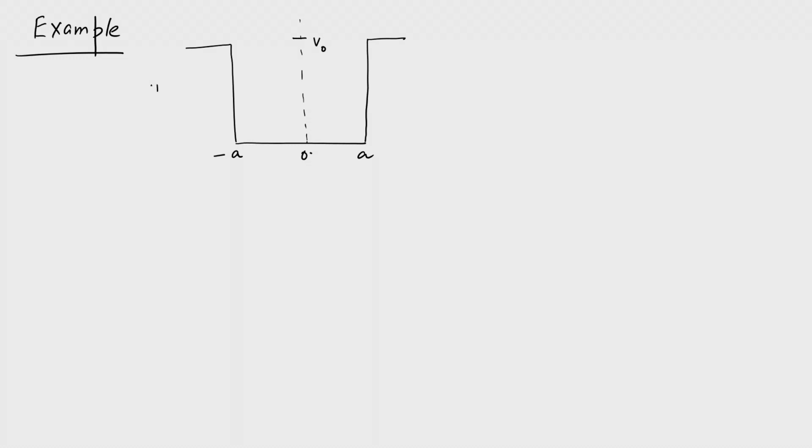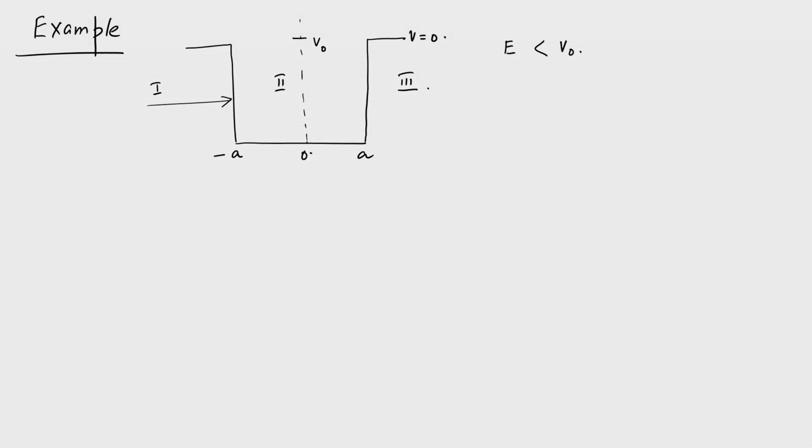There is a region 1, this is the inside of the well, that is region 2, and region 3 is here. Suppose you have an energy E which is lower than V0, and of course, your V0 is negative here. So, this is V equal to 0 rather.